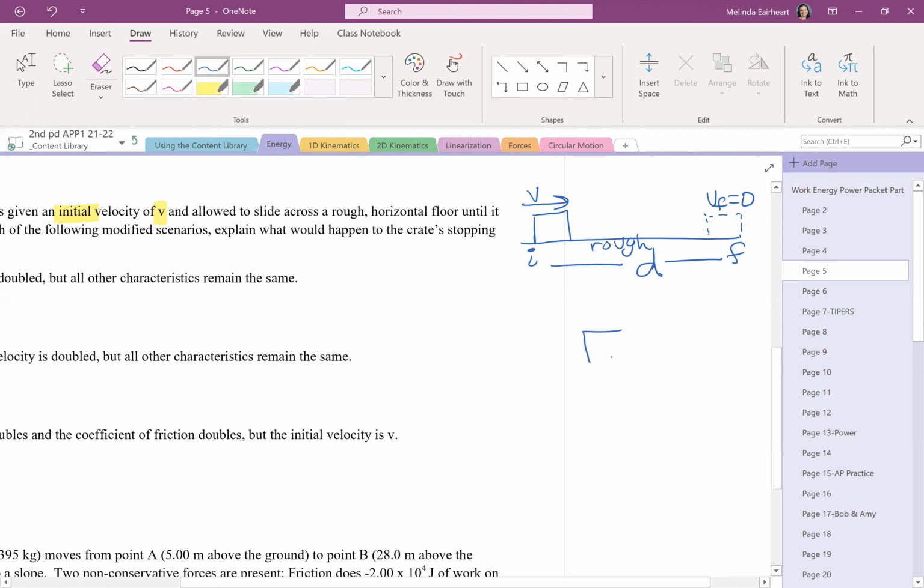So what would the diagram be for this object? How big is normal? Here it would be equal to the gravitational force because there's no other vertical forces. And in my picture, they didn't tell us, but in my picture, I said forward was to the right. Friction will act to the left. So who's doing work on this object?